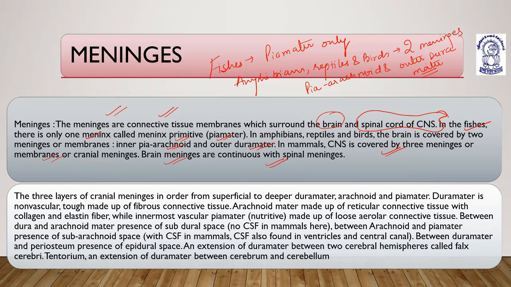And in the case of mammals, it consists of pia mater, arachnoid and dura mater.